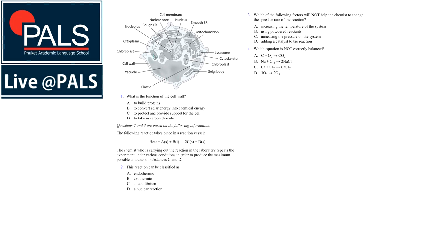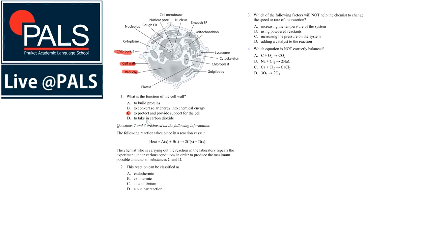So these are the three main features of plant cells that animal cells don't have: the cell wall, the large vacuole, permanent vacuole, and the chloroplasts. And the function of the cell wall is to give support and protection to the cell.